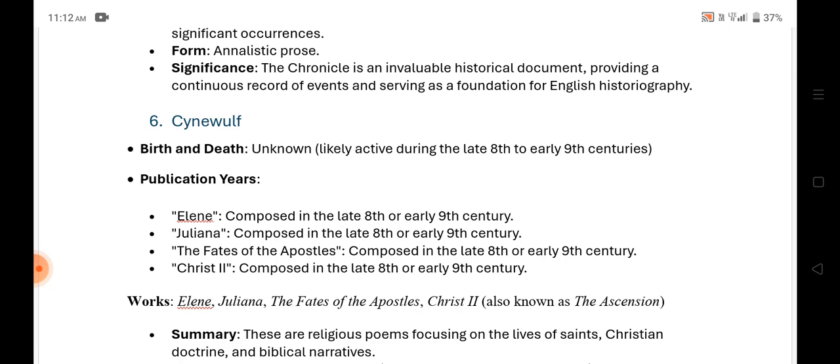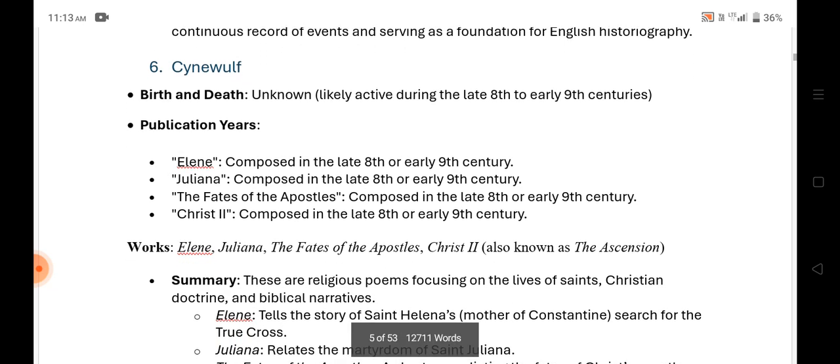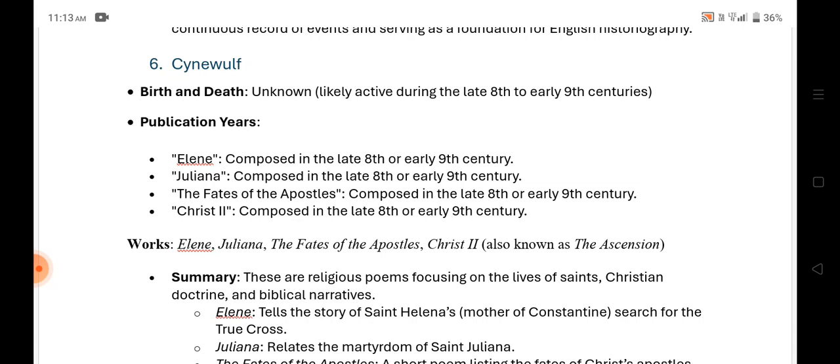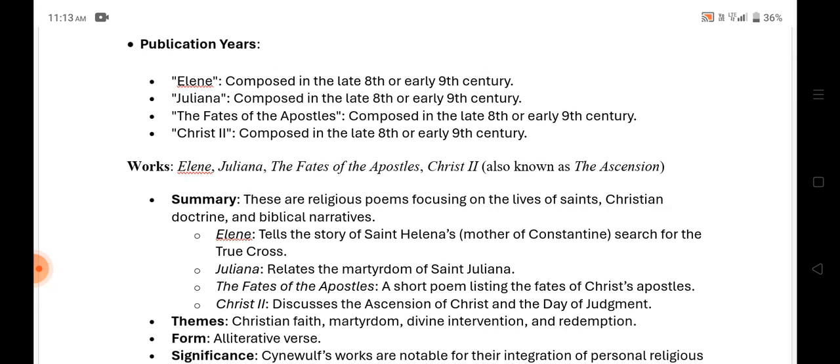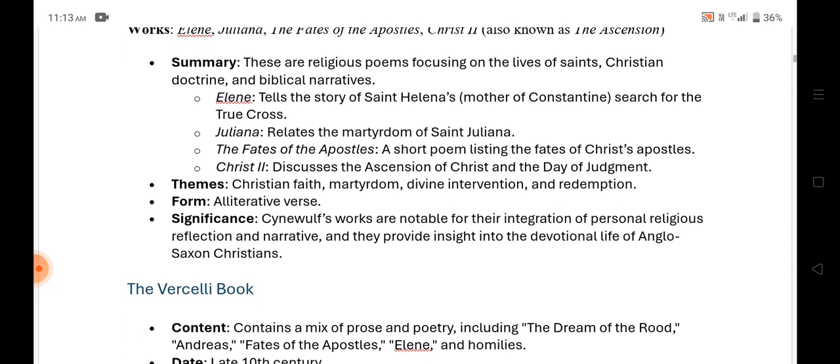The next writer is Saint Cynewulf. He was likely active during the late 8th to early 9th century. He composed Elene, Juliana, The Fates of the Apostles, and Christ II. These are religious poems focusing on the lives of saints, Christian doctrine, and biblical narratives.